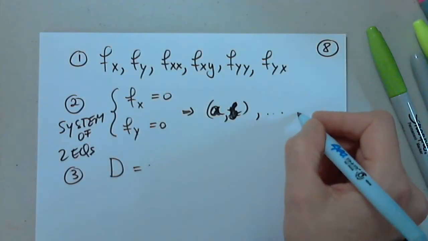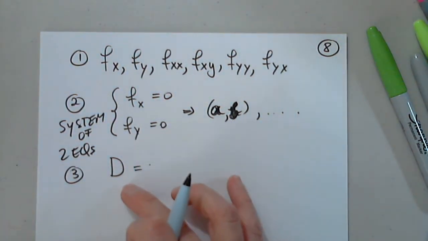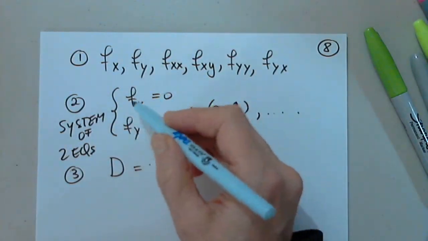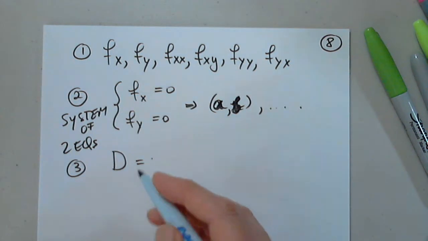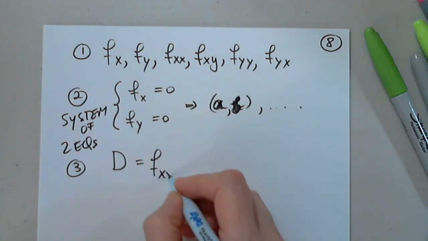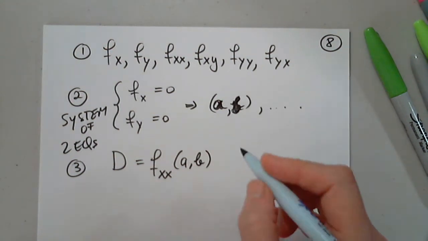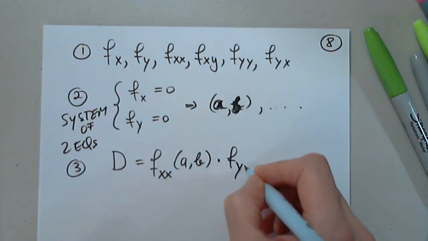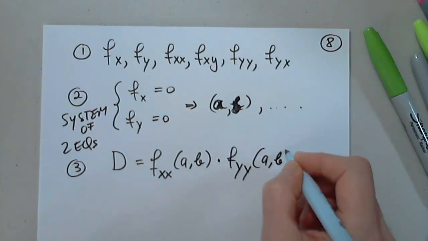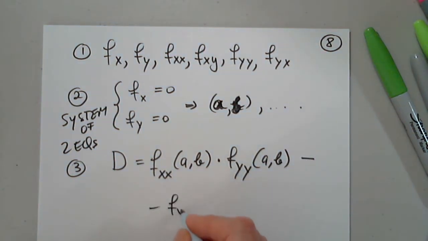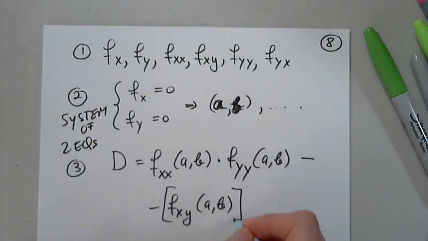I can have more, but I have to determine the D for all ordered pairs that solve the system. So how do I determine this? fxx evaluated at a comma b multiplied by fyy evaluated at a comma b, minus fxy evaluated at a comma b, but this has to be squared.